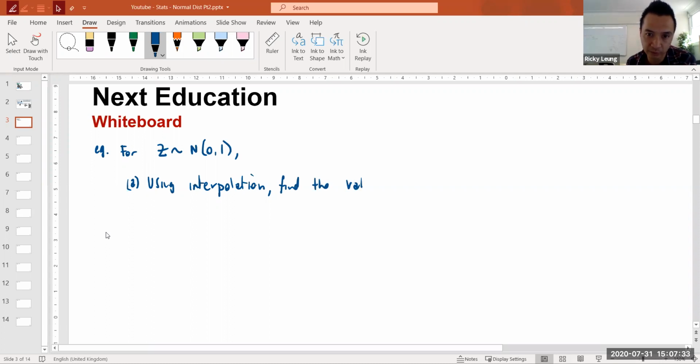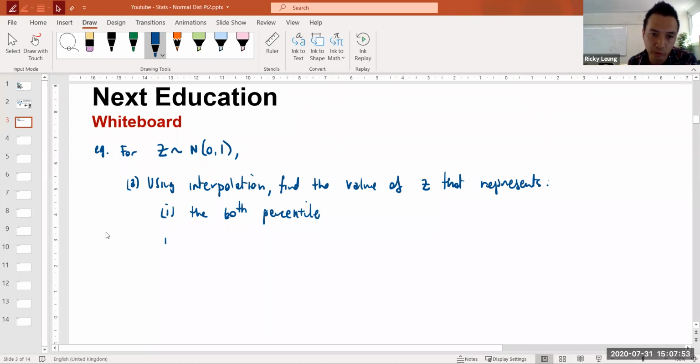the value of z that represents the 60th percentile and the upper and lower quartiles.